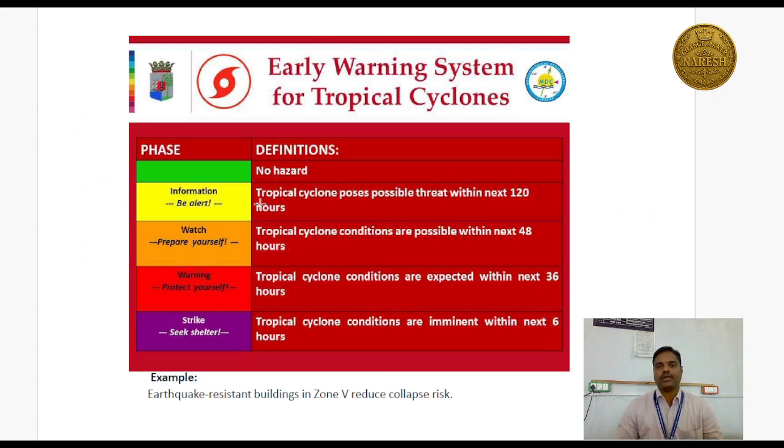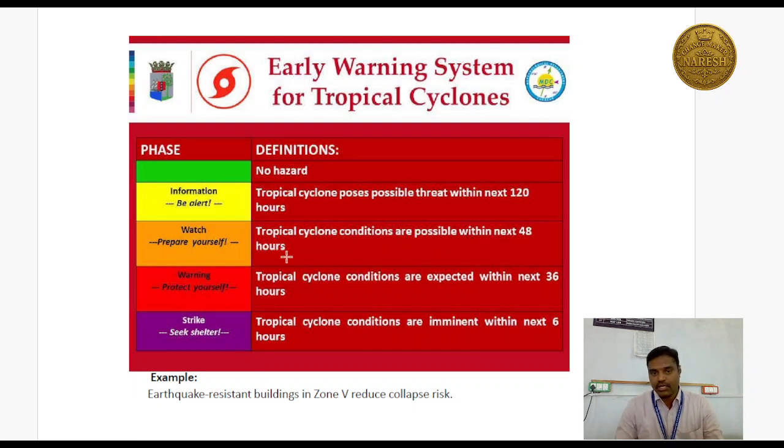When you talk about early warning systems for tropical cyclones, these are the things which are there. The very first thing, the green signal, means there is no hazard. The yellow signal is a caution given to all the public: tropical cyclone possible threat within the next 120 hours. When you talk about orange, prepare yourself: tropical cyclone conditions are possible within the next 48 hours.